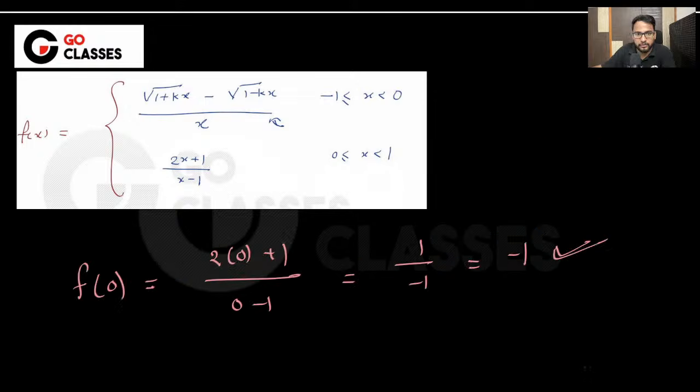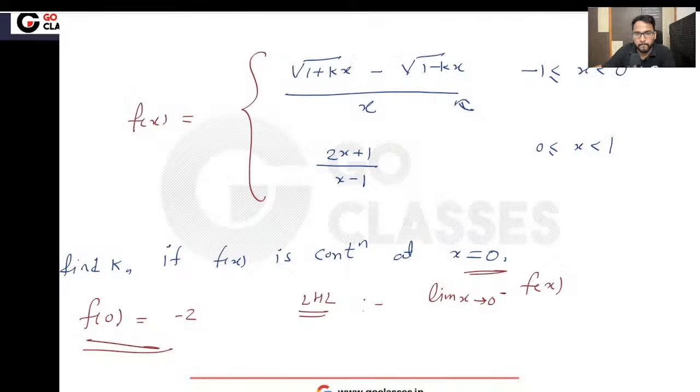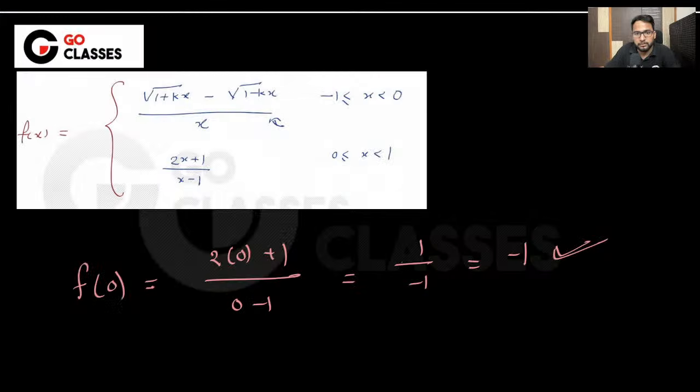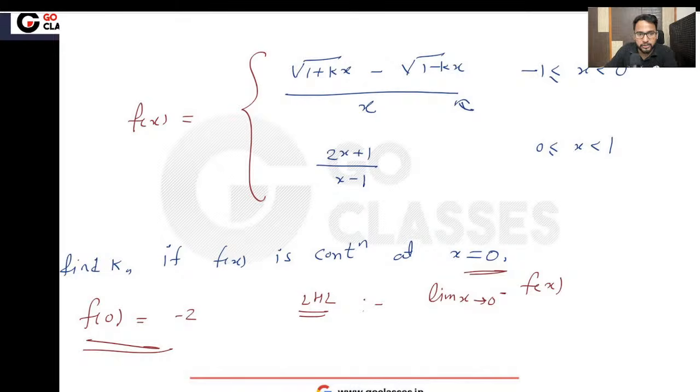This is minus 1. At 0, let me check if there is any calculation mistake. So at 0, you are getting minus 2. They are saying find k if f(x) is continuous at x equal to 0.